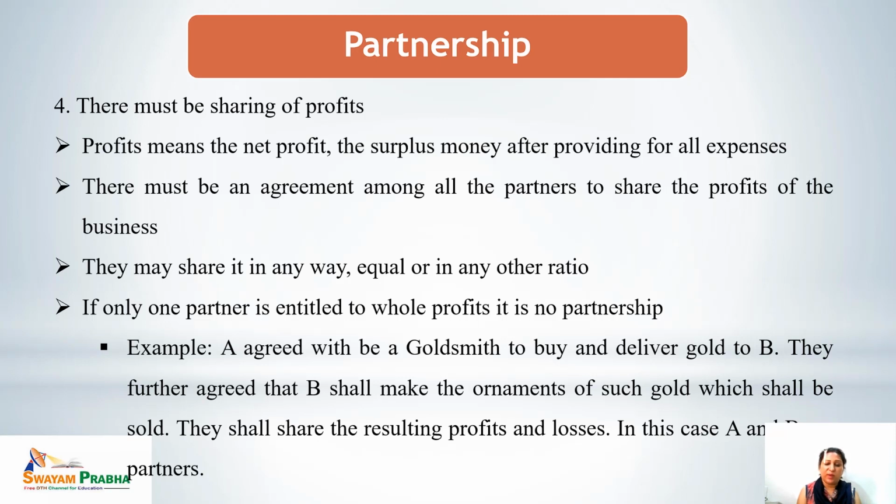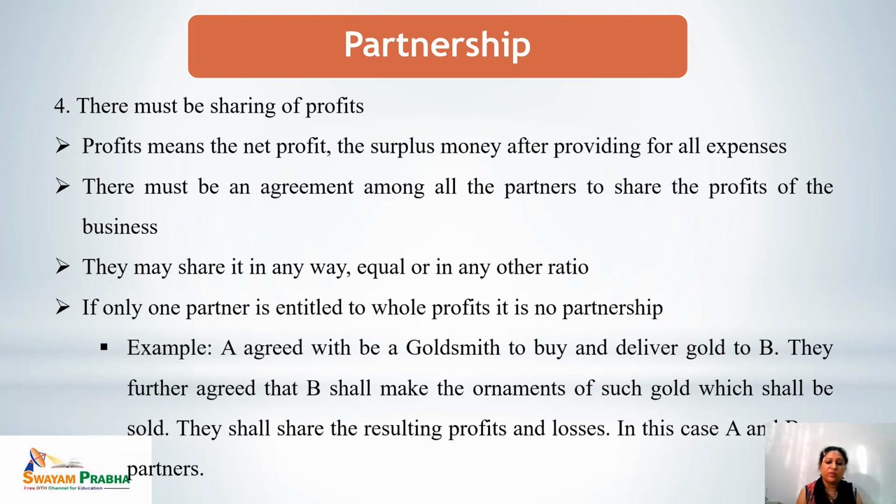And there must be a specified agreement to share the profits in a specified ratio, or in the absence of any contract they can share the profits in equal proportion. If any partner is entitled to the whole of the profits of the partnership, this is not a valid contract of partnership. So let's see the example.